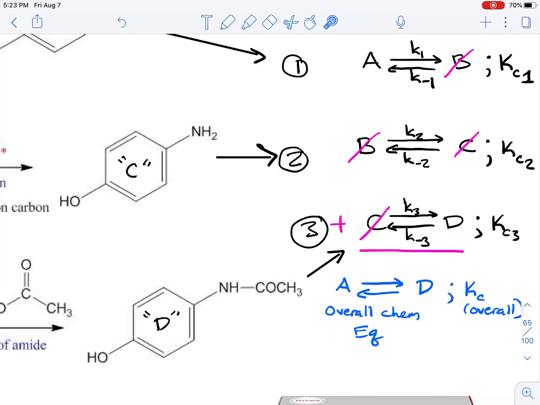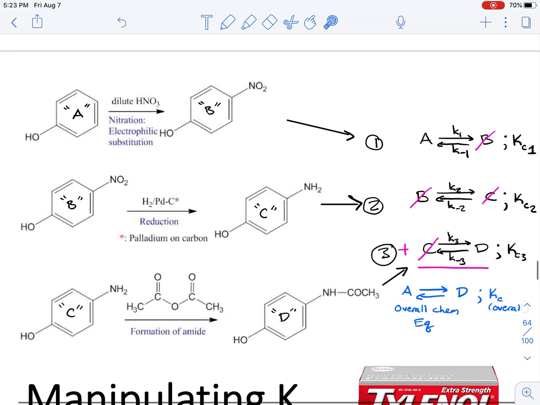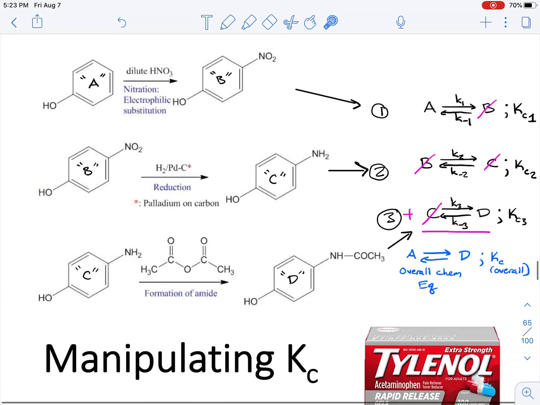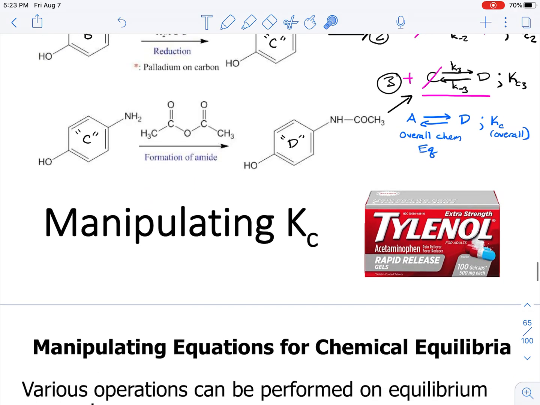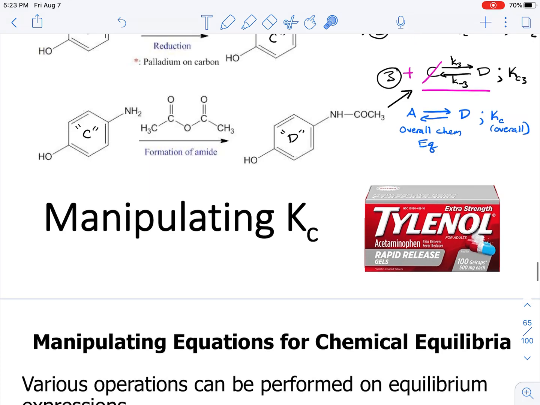Now that we have the purpose of this lecture topic, let's look at some tools that will allow us to manipulate chemical equations.